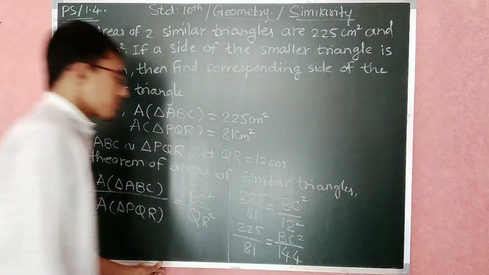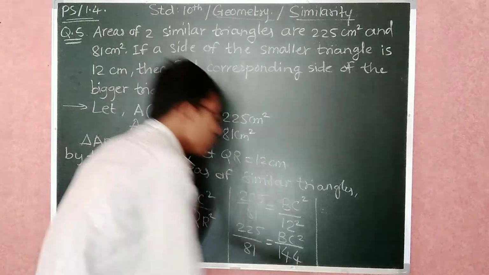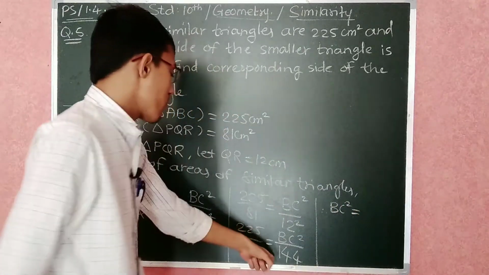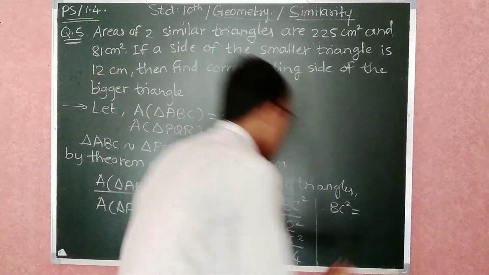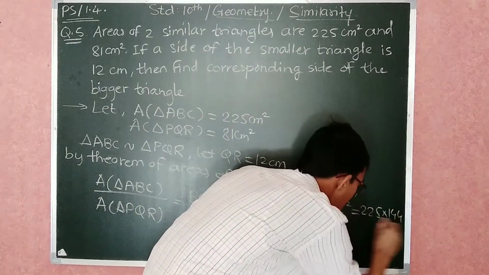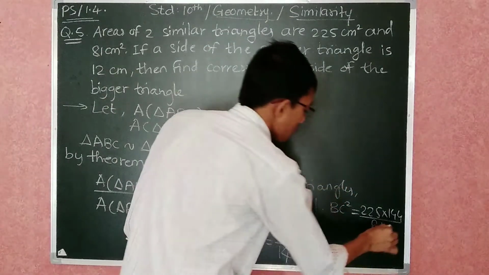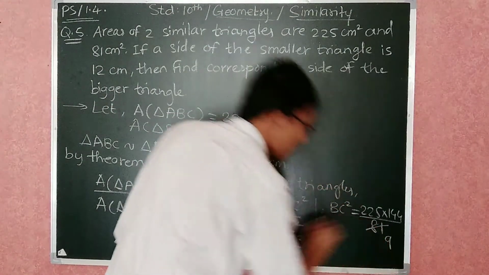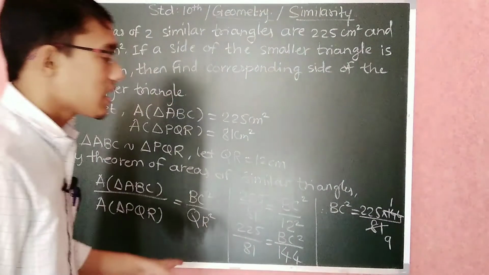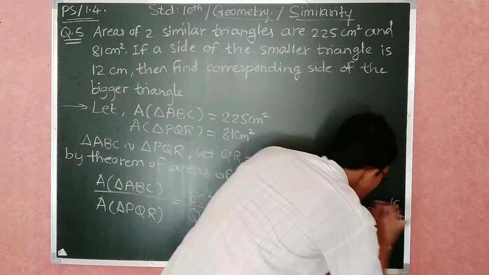Therefore after shifting the values we can write BC square is equal to 225 into 144 upon 81. So 9 nines are 81, 9 ones are 9, 14 minus 9 left 5, 54, 9 sixes are 54.